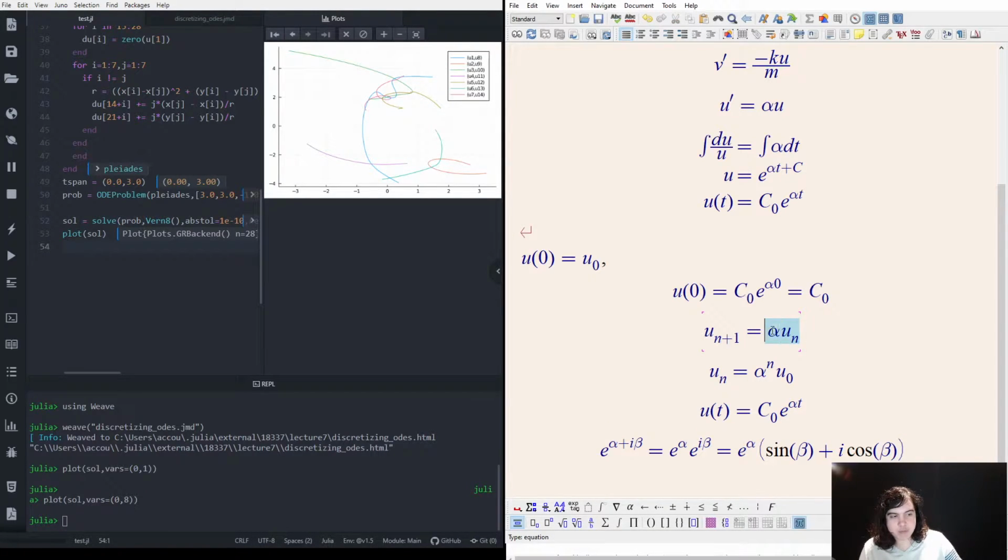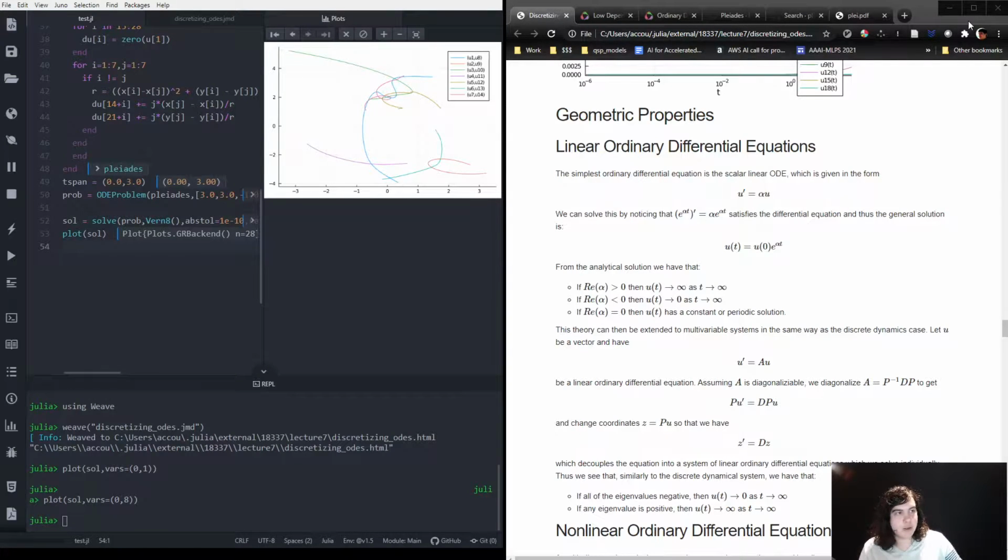Well, when alpha is positive, then you're going up. When alpha is negative, then you're going down. And we can see that from the analytical solution directly, right? And so if the real part of alpha is positive, then this term in the exponent keeps on increasing, and so u of t is going to go to infinity.